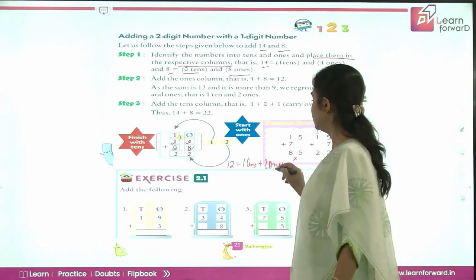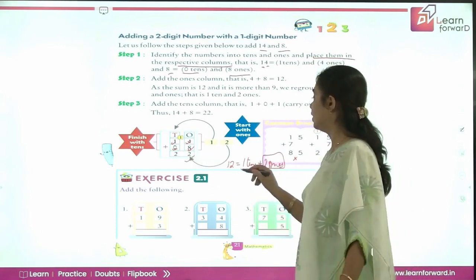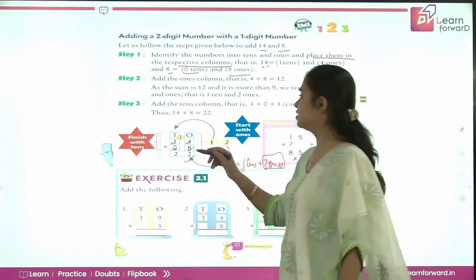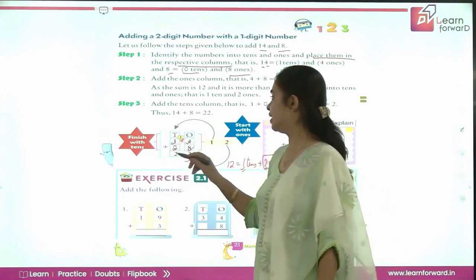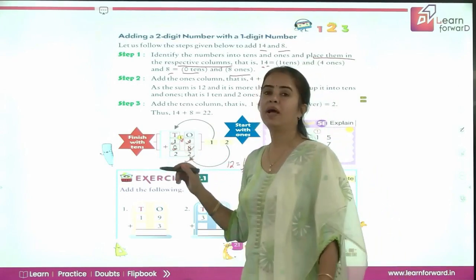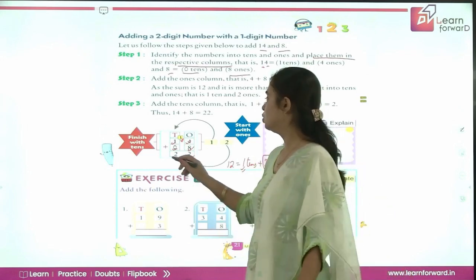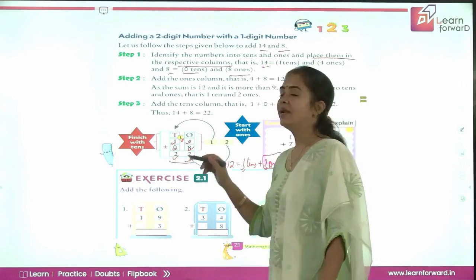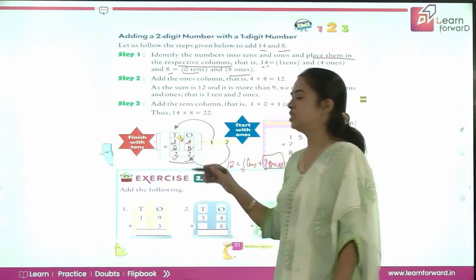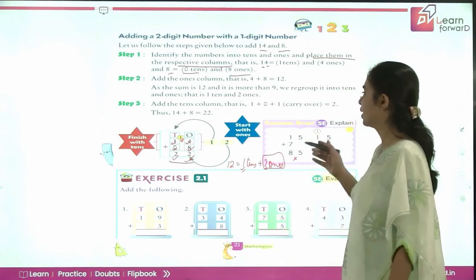So the ones place will be occupied only by 2, and this 1 ten will go to its tens family as a carryover. Now add all the tens together. 1 and 1 is 2, and 2 plus 0 is 2. So you get 2 at the tens place, and your final answer is 22. So when you add 14 and 8, you get the sum 22.